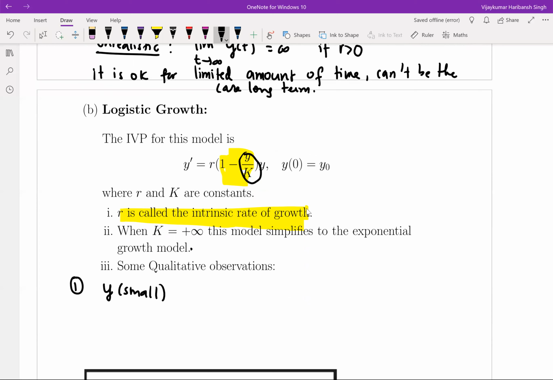In that case, y prime is roughly equal to ry. And then we expect exponential growth. So for small y, we expect exponential growth.